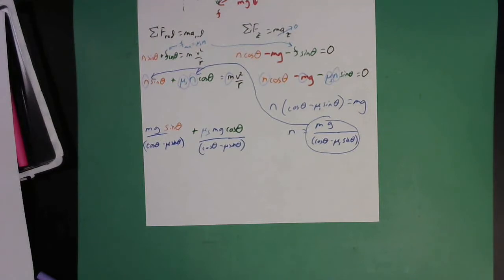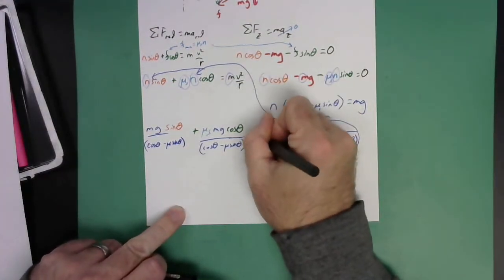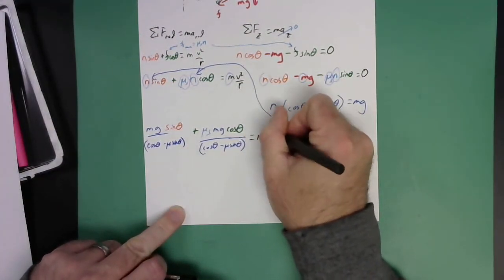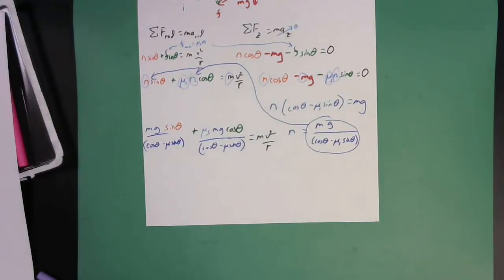And this is going to equal on the other side mv squared over r. Ta-da! Whew.